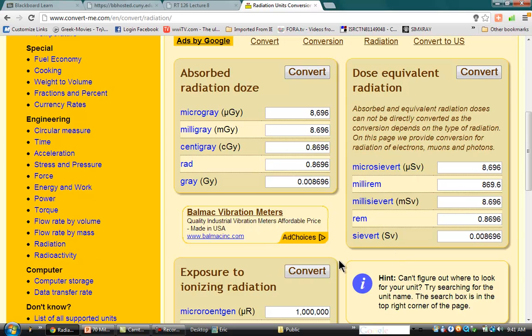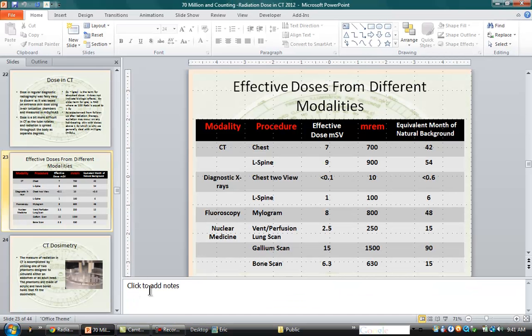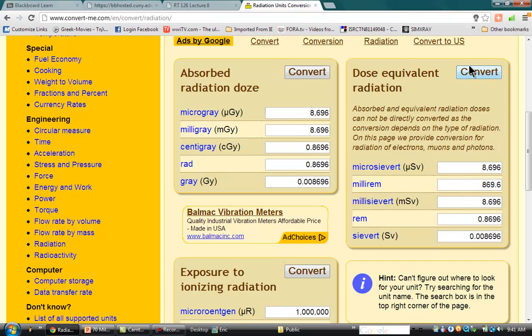Although we measure a lot of what we do in dose equivalent, which is in millisieverts or millirem. So if we take a look at an example I have here, where we have a lumbar spine X-ray is 900 millirem. Let's try that. 900 millirem.